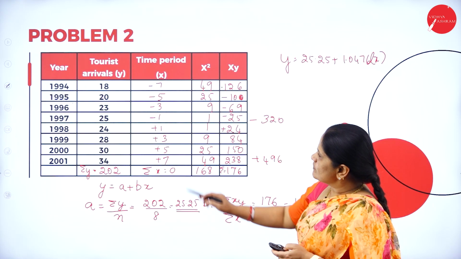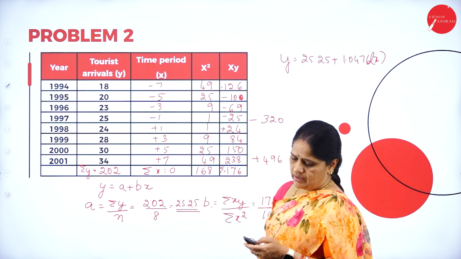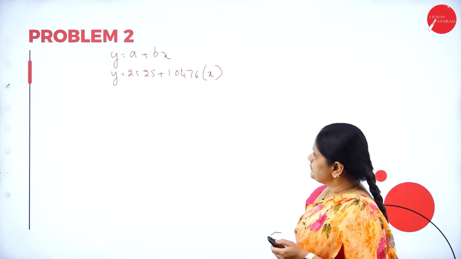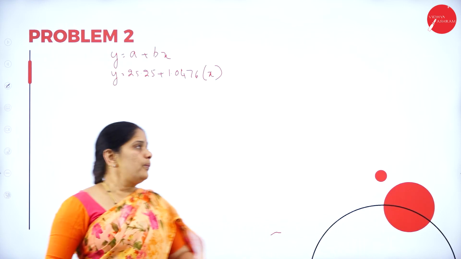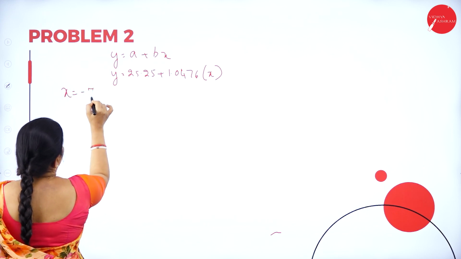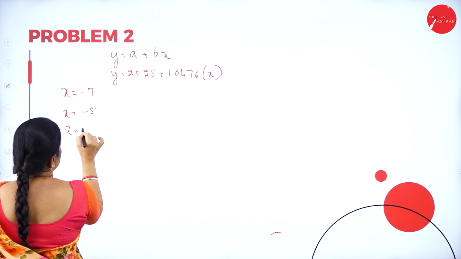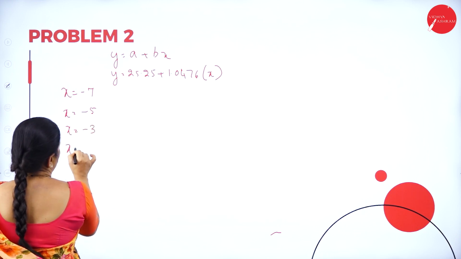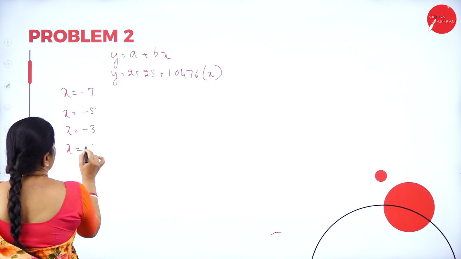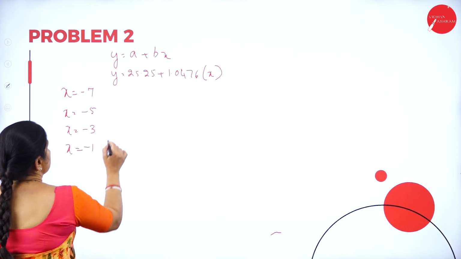What are the x values here? Minus 7, minus 5, minus 3, minus 1. So we will write here, when x equals minus 7, x equals minus 5, x equals minus 3, x equals minus 1. So we calculate the trend values here.